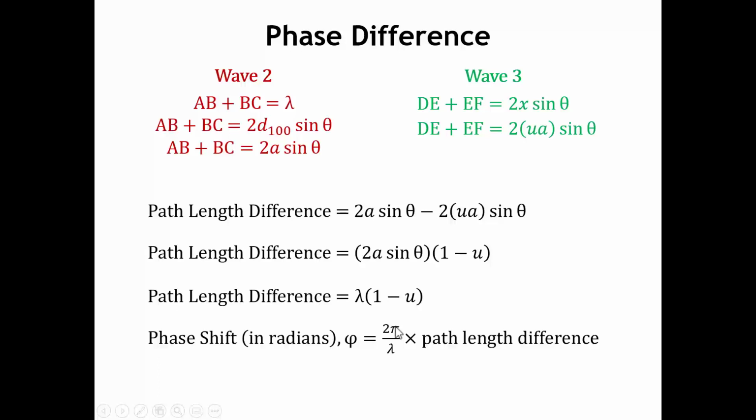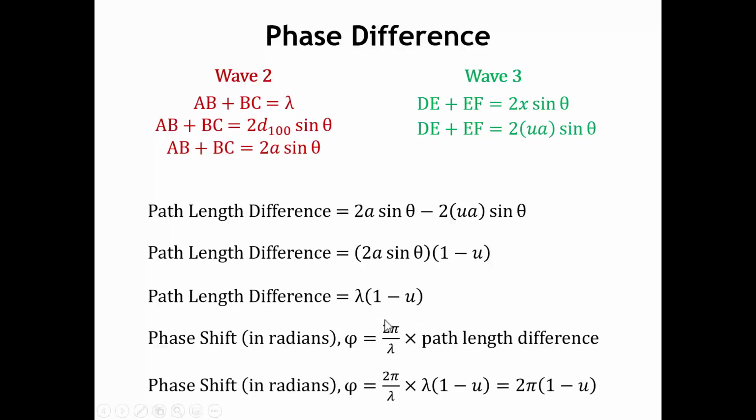If the path length difference is the wavelength, then we've shifted the wave by 2 pi radians, or 360 degrees. When we plug in our path length into this equation, we come up with a phase shift that's 2 pi times 1 minus u.